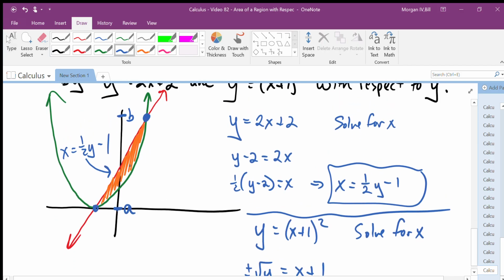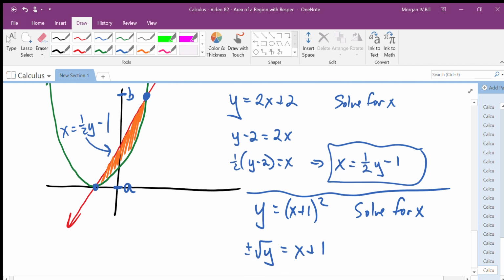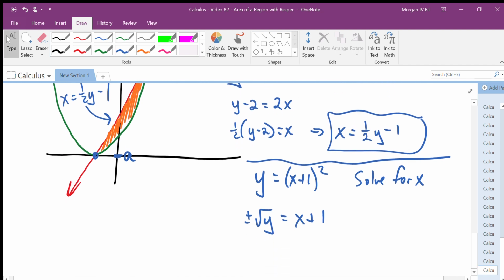What's happening here is the parabola turns into a plus or minus square root. The right arm, or the right curve of the parabola is the positive square root of y. The left curve of the parabola is negative square root of y. The region we're talking about is the right curve of the parabola, and so we can just use the positive square root of y here, not plus or minus.